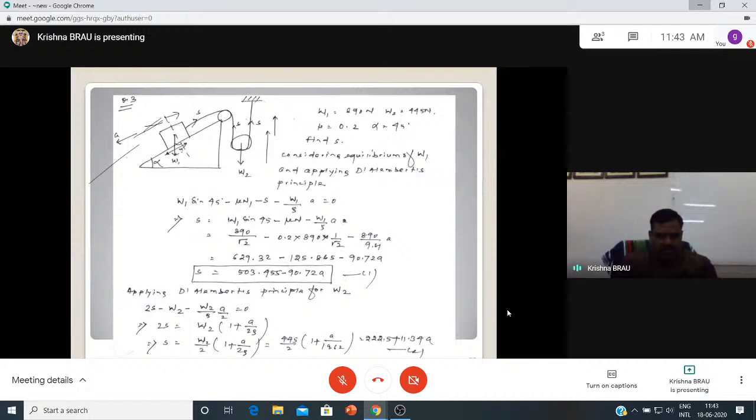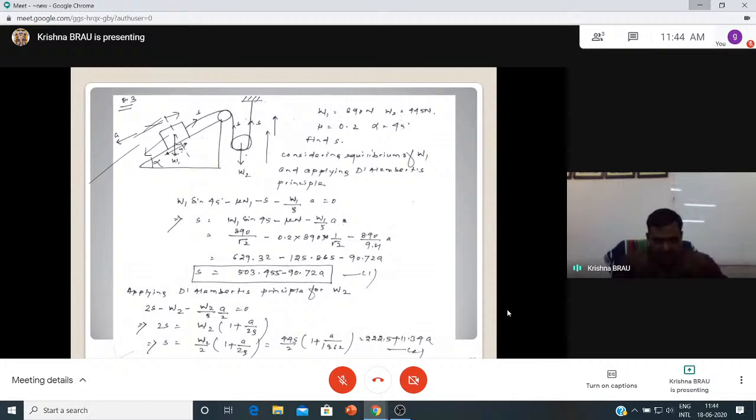The inertia force and the frictional force are the same sign, can be positive or negative. This is how we will write the equation. S is equal to W1 sin 45 plus mu N minus W1 by g into a. See, this is how the tension in the string can be obtained.